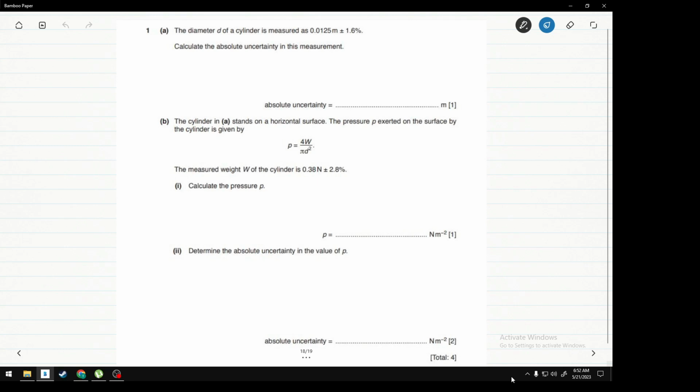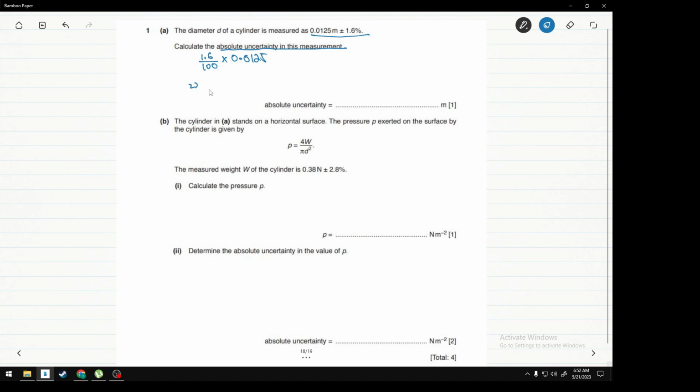Now, the diameter of a cylinder is measured as this with an error and with a percentage error given. Calculate the absolute uncertainty. Again, the formula converts to this. I'm not gonna plug in the original formula just because we have done this.